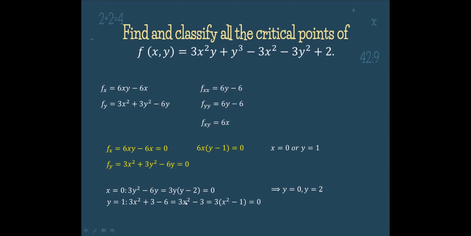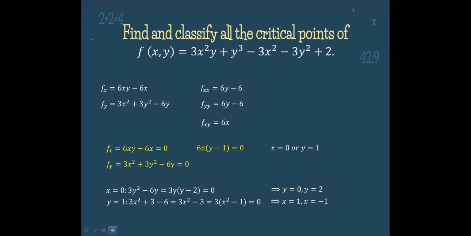So we have 3x squared minus 3, and we notice that the common factor is 3, so we can factor this out. We divide 3x squared by 3, so we have x squared, and of course negative 3 divided by 3 is negative 1. And then x squared minus 1 is a difference of two squares, so we have x equivalent to 1 and x equivalent to negative 1.